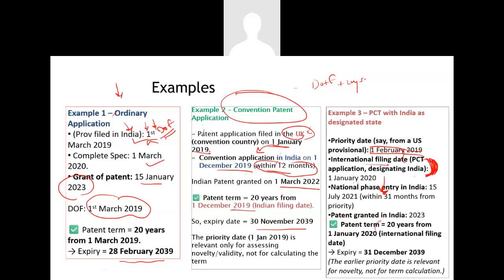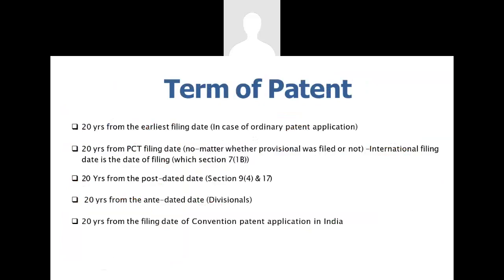So therefore, international filing date would be the date of filing and 20 years will be calculated from 1st Jan 2020. So patent will expire on 31st December 2039. So basically the earlier priority date is relevant only for novelty purposes, but not for patent term calculation.